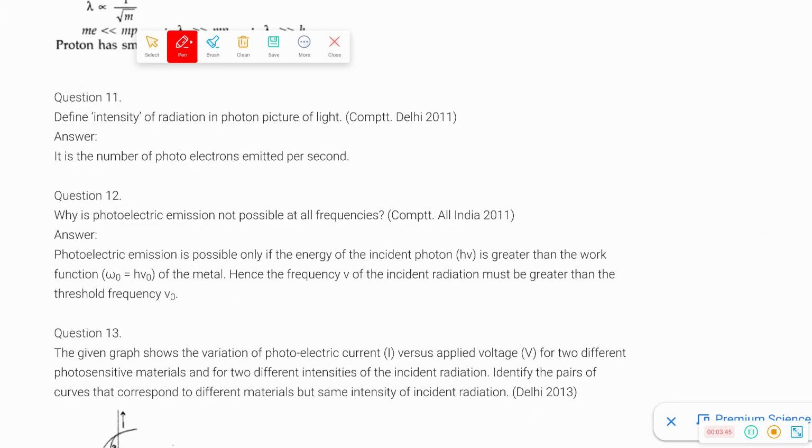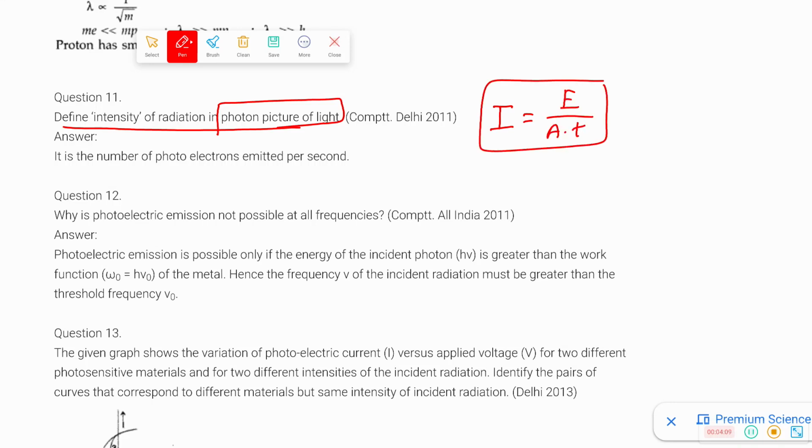This is a 2 mark question, try to understand. Remember, here they are asking: define intensity of radiation in photon picture of light. So what is the photon picture of light? Energy is basically light, a quantum of light energy, a quantum of photon energy. So according to the photon picture of light, intensity equals energy per unit area per unit time. That's it.